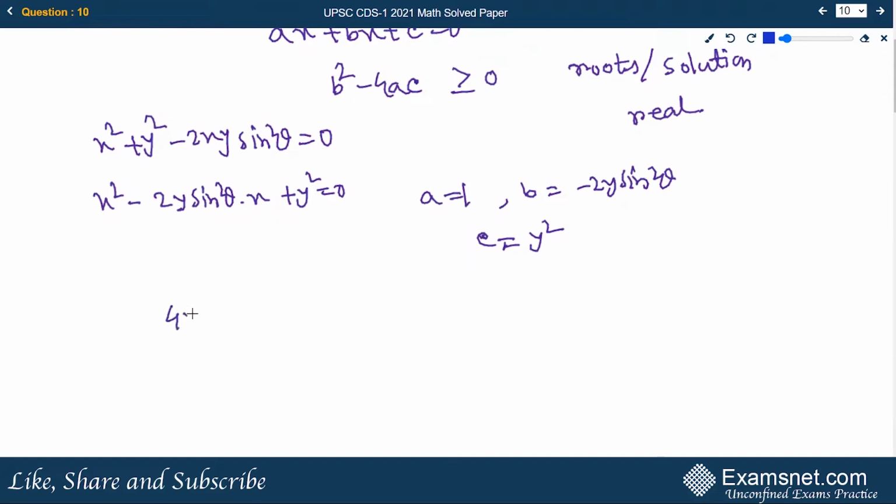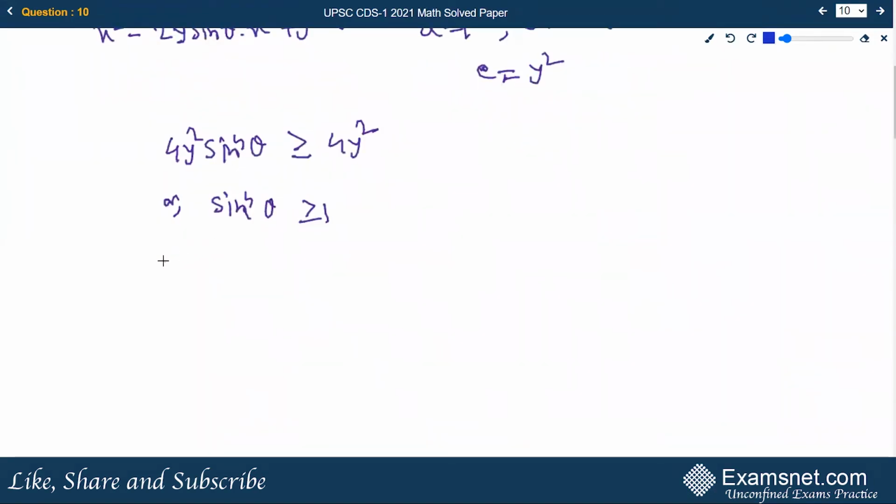That will be 4y square sine to the power 4 theta greater than or equal to 4ac, 4y square. Since this will have real solution, I have taken b square minus 4ac greater than or equal to 0. Now from here I can see it will be greater than or equal to 1. That means sine theta greater than or equal to 1.